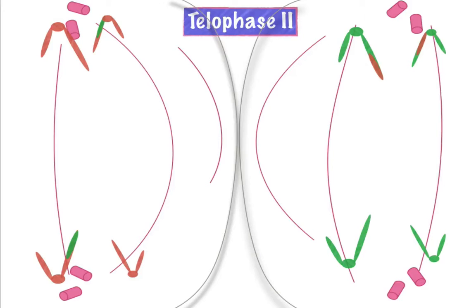So now we move on to telophase II, where the chromosomes, and understand that you no longer have the cell that you had before. You do not have a complete set of genetic data in each of these cells. Each of these cells now has half the amount of data that it had when it first started off.